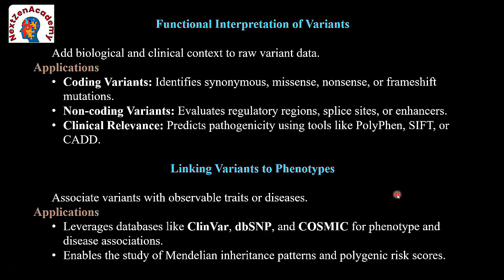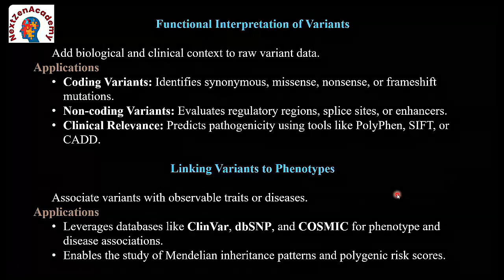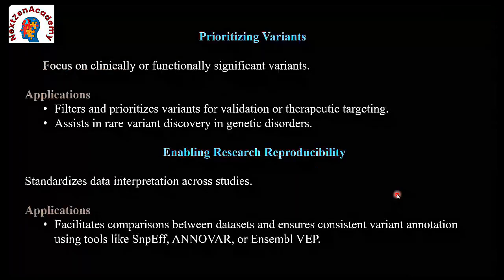If the variant has this mutation, a specific variant changes how the Mendelian inheritance pattern and polygenic risk scoring steps work. Moreover, it is helpful for prioritizing variants.